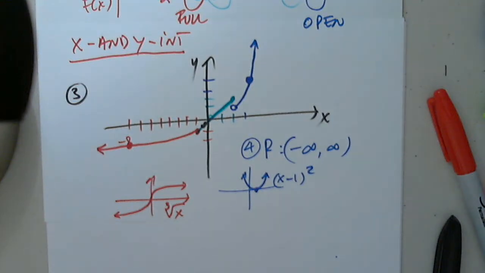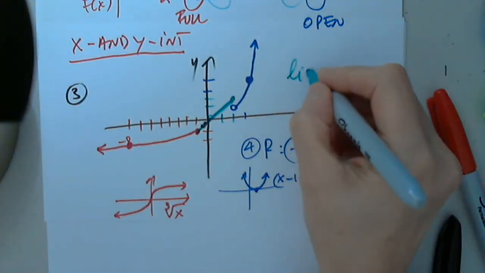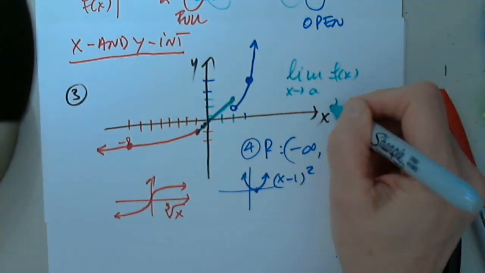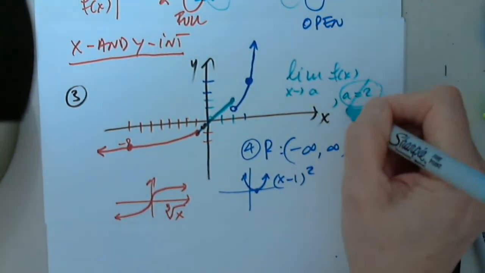So would it be all values except where the jump is? Correct. The limit as x approaches a of f of x exists except when a is 2.